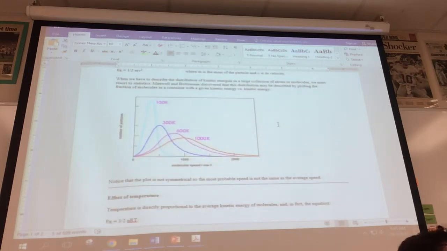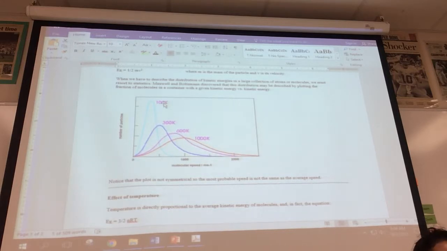The first graph I'm showing you, well, you tell me, what does that graph show? What can you see in that graph? At 100 degrees Kelvin, a whole lot of particles are moving at a slow speed.